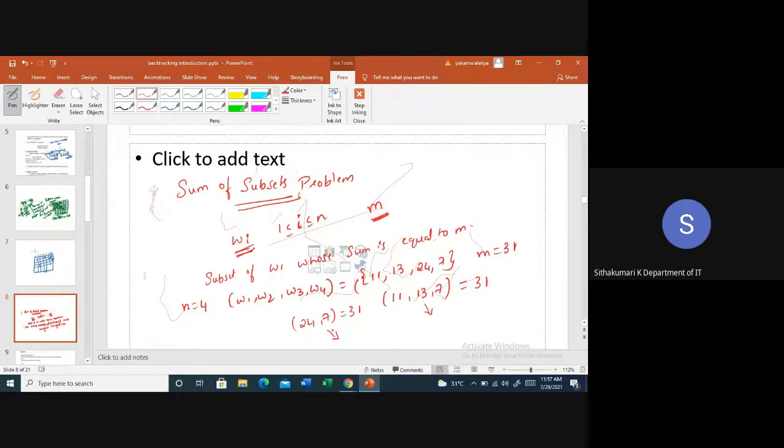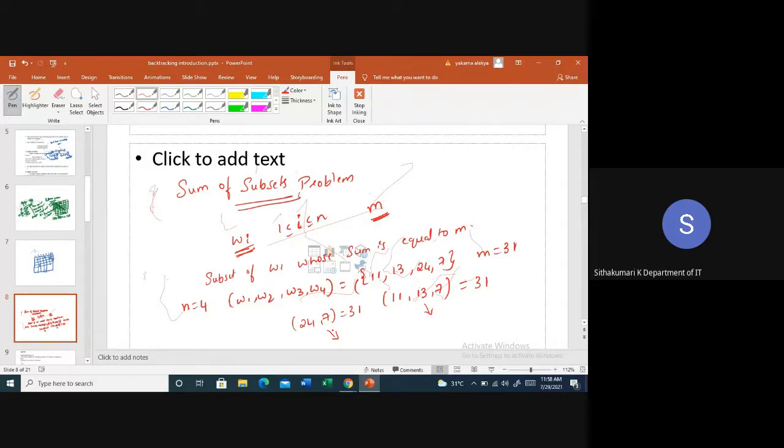Now, rather than representing the solution vector with Wi's, you can also represent it with xi values, just by giving the indices. You can specify the solution either by the weights as numbers or by the indices.